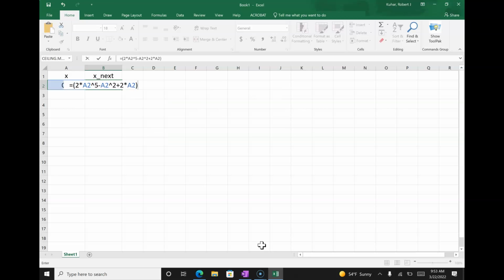Good, close parenthesis, that's my whole numerator. Divided by, open parenthesis for my whole denominator, 3x to the fourth plus 1. So 3 times A2 caret to the fourth plus 1, close parenthesis. Everybody okay? Anybody need a picture of that before I leave this cell?